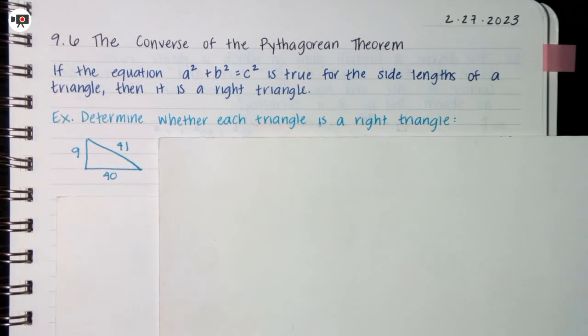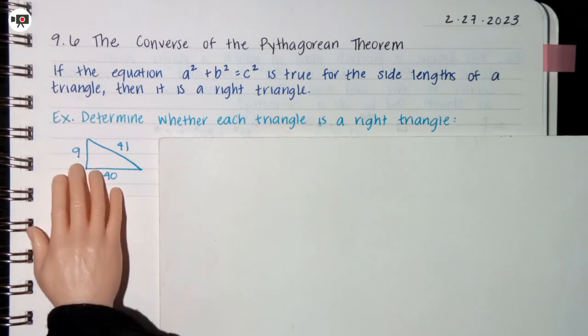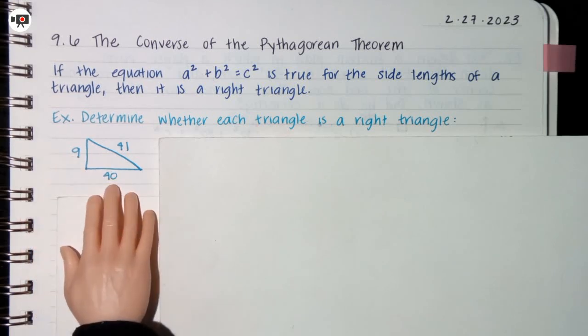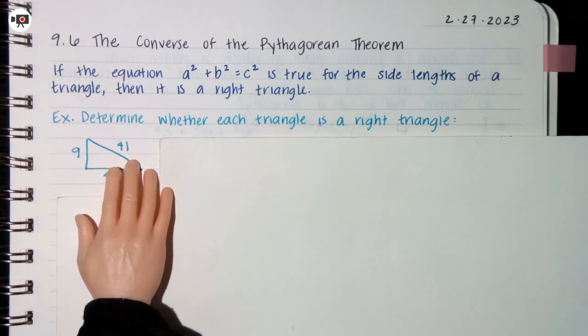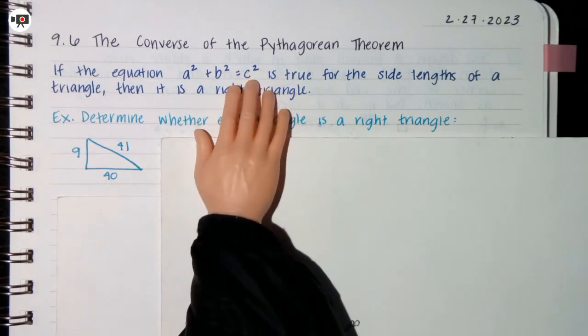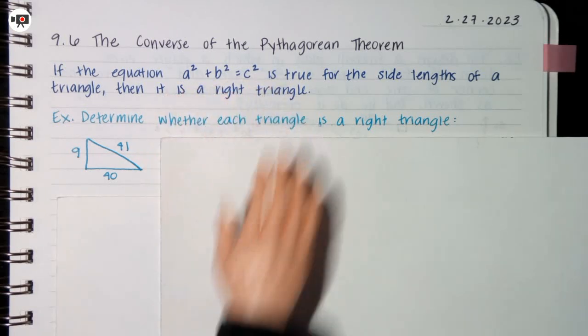So here I have my triangle, and I like to set it up always with A being the smallest side, B being the middle, and C is the longest. C has to be the longest, and it is always by itself on one side of the equal sign, because C is the hypotenuse, and it has to work this way.